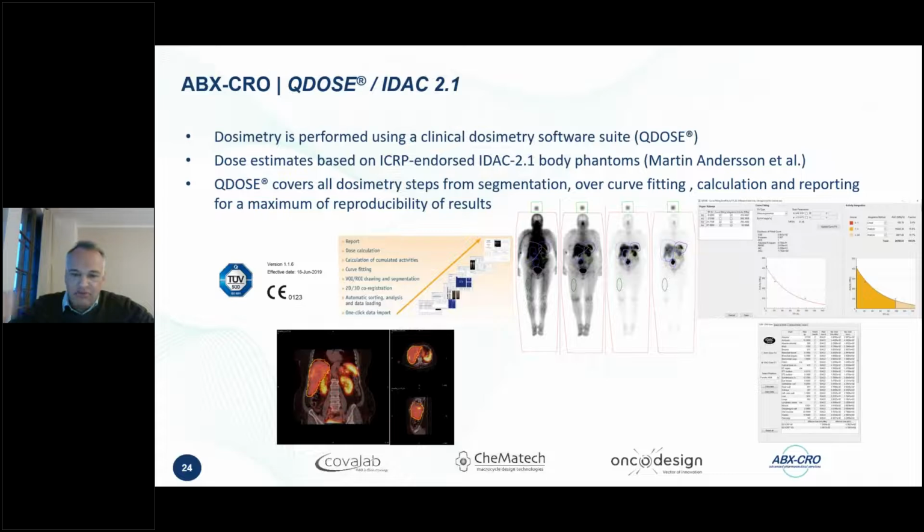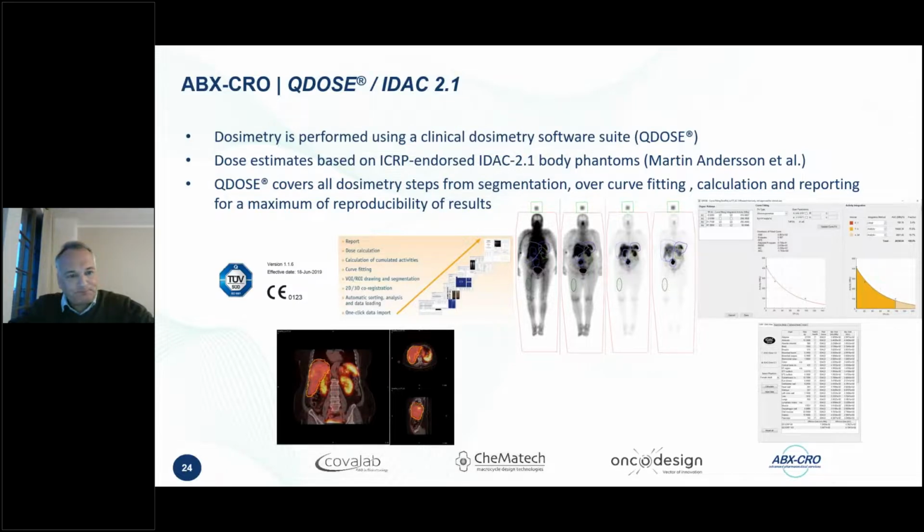Then you get this plot, which gives you absorbed dose estimates for a standard anatomy person, male and female, for a total list of 26 organs, and a total absorbed dose normalized for 1 megabecquerel typically, or for the dose to be given.